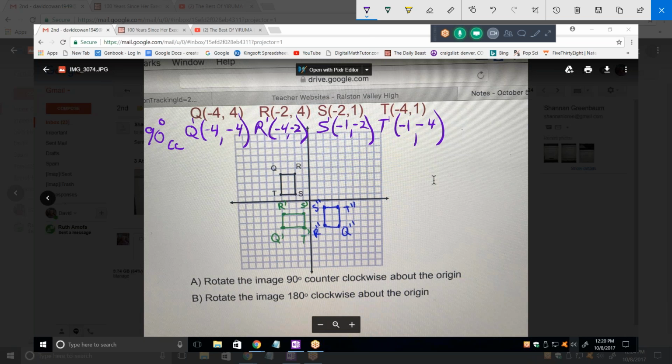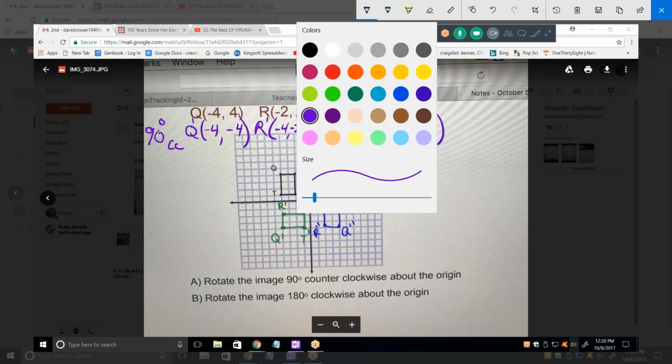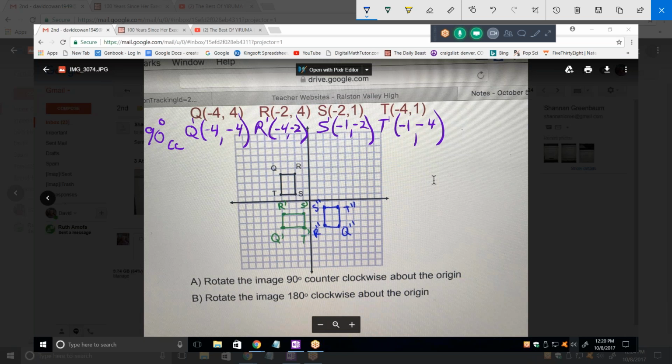Now, I will use blue because that's the color that they have used. And this is a 180-degree clockwise rotation. Just a single C. Now, this is going to be a little confusing, but not really. Let's take Q double prime.